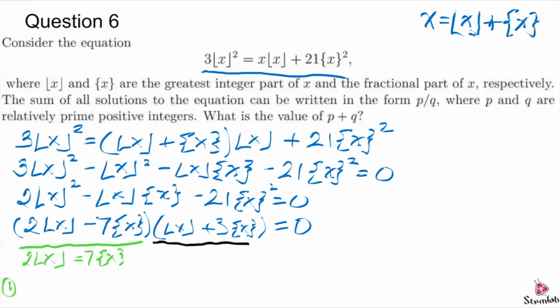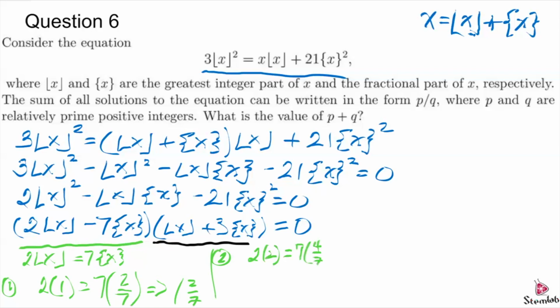Case 1 becomes 2 times 1 is equal to 7 times 2 sevenths. This gives us 1 and 2 sevenths as a result for x. Case 2 is 2 times 2 is equal to 7 times 4 sevenths.